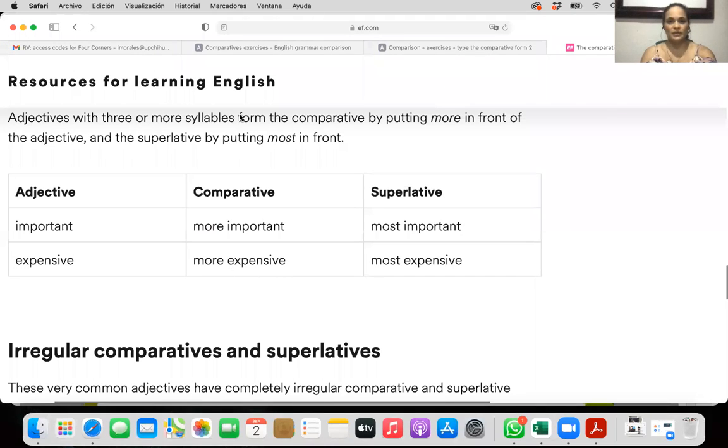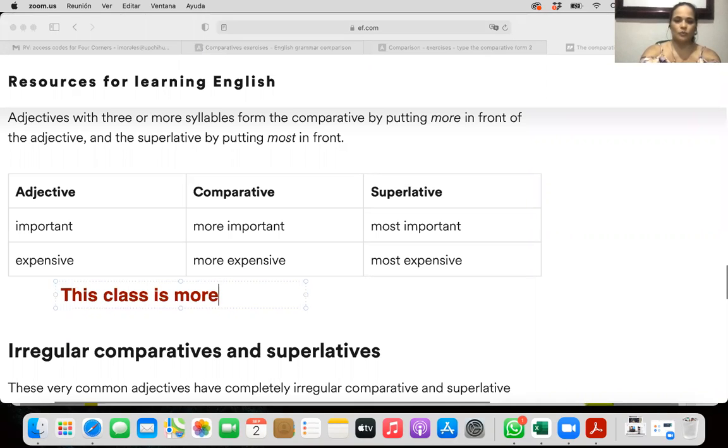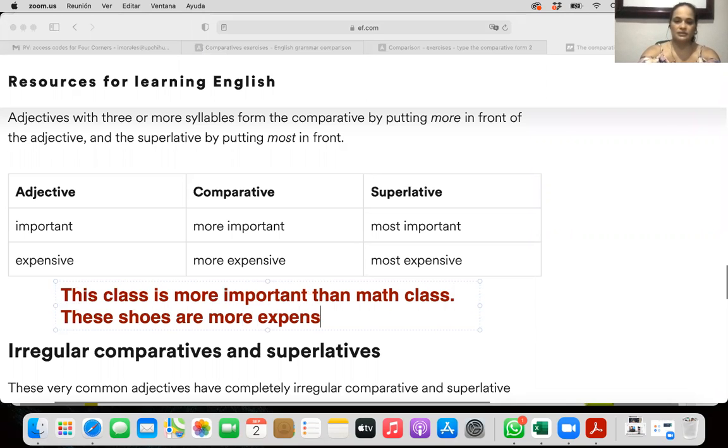If we were to make examples, we could say this class is more important than math class. I don't know. Of course, you're going to say no, but okay. So this class is more important than math class. Or we can say these shoes are more expensive than those.